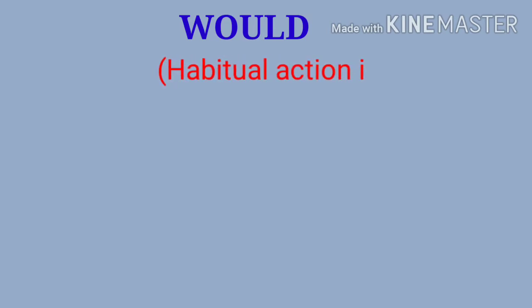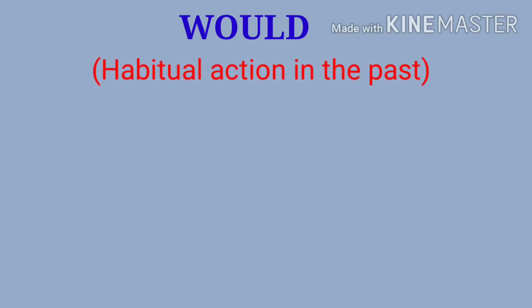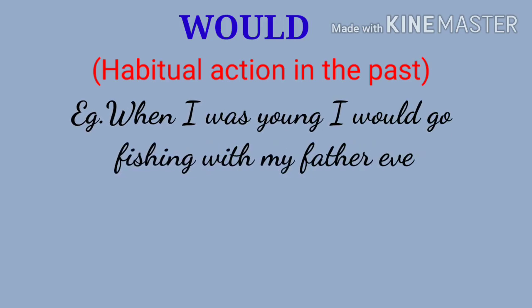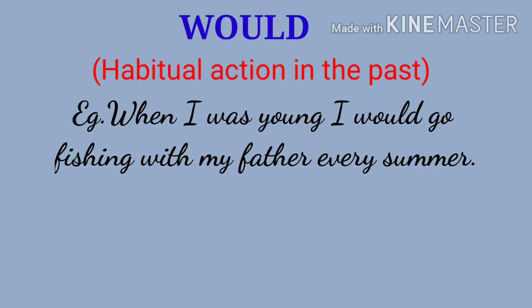Now the next modal auxiliary is would, which shows habitual action in the past. For example, when I was young, I would go fishing with my father every summer. In this way, would is used in the sentence.